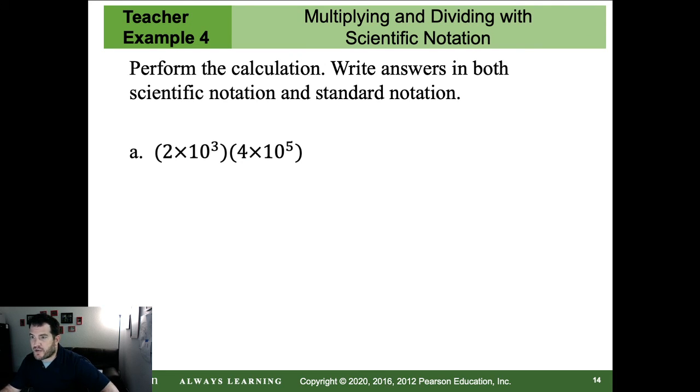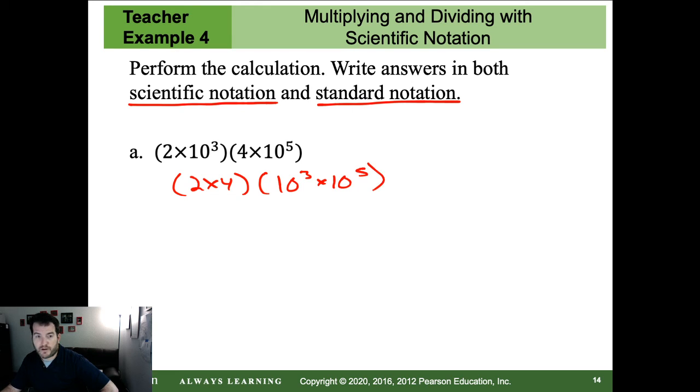Multiply. So this says write both in scientific notation and standard notation. Okay, here's how I do this one. Bring your whole numbers together. Bring your powers of 10 together. What's 2 times 4? 8. Now, last chapter, like bases, product rule. What do we do with the exponents?